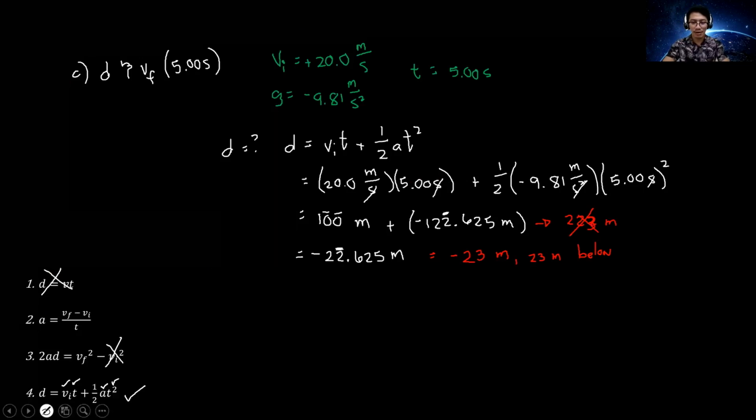We'll proceed sa final velocity. How are we going to solve for the final velocity? Velocity final after 5.00 seconds. So anong pwede natin gagamitin? Asan yung may final? Ito, check natin ito kung pwede. Do we have acceleration? Yes. Do you have final? Ayun ang hinahanap. Do you have initial velocity? Yes. Do you have time?